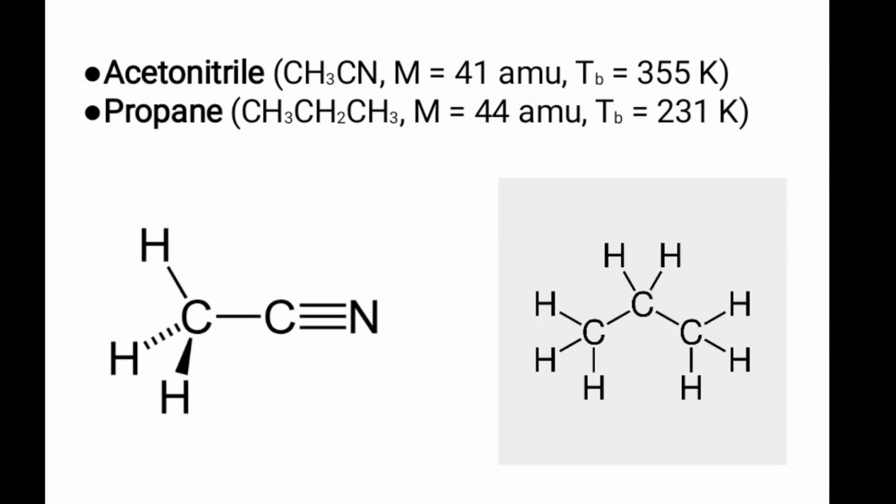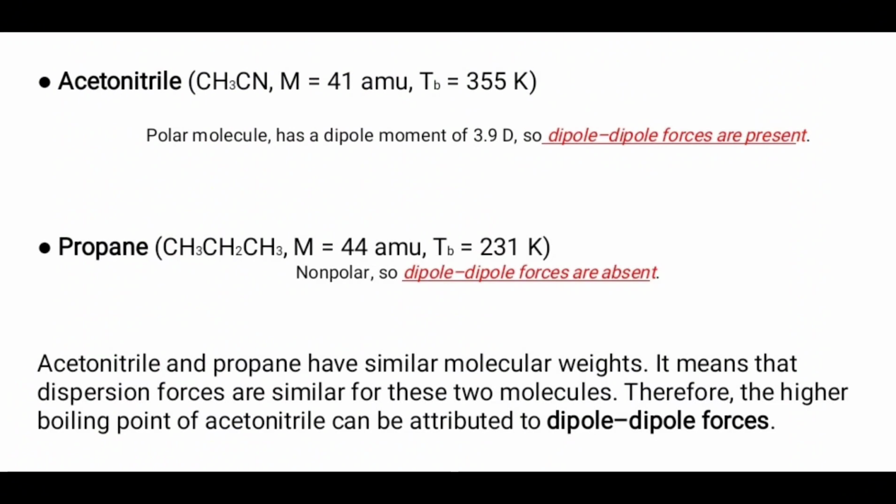Let's pay attention to their boiling points. So let's go into more detail now and understand this phenomenon. Acetonitrile is a polar molecule and it has a dipole moment. If it has a dipole moment, it is polar. It means this molecule creates a dipole, with a positively and negatively charged side.